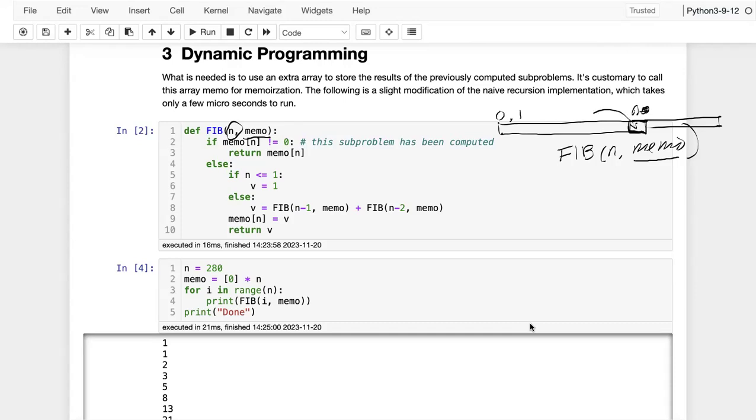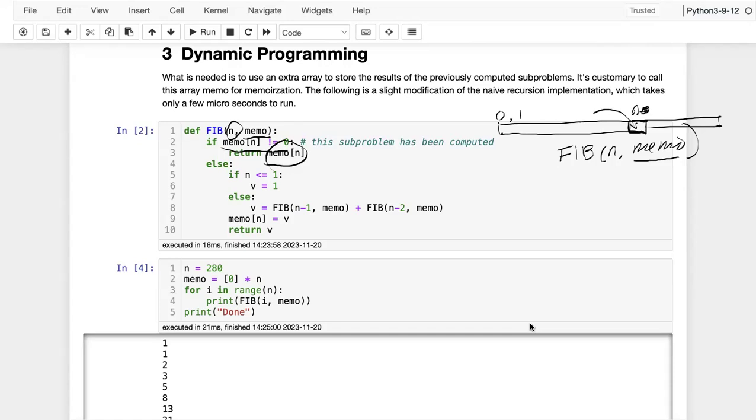So I will first check to see if memo of n is not 0. If it's not 0, that means I have already seen that subproblem. In that case, I will simply return that value rather than recomputing it.